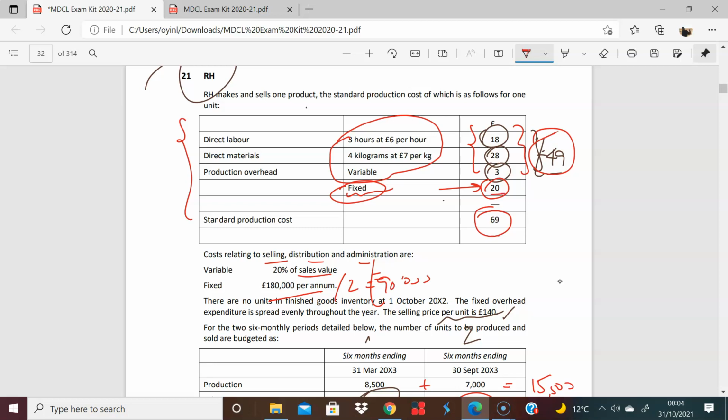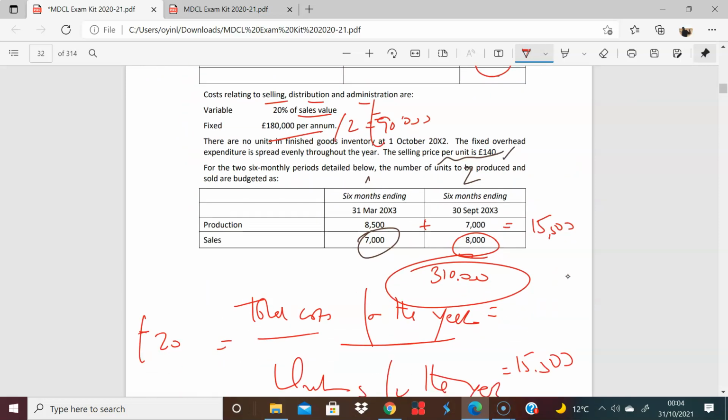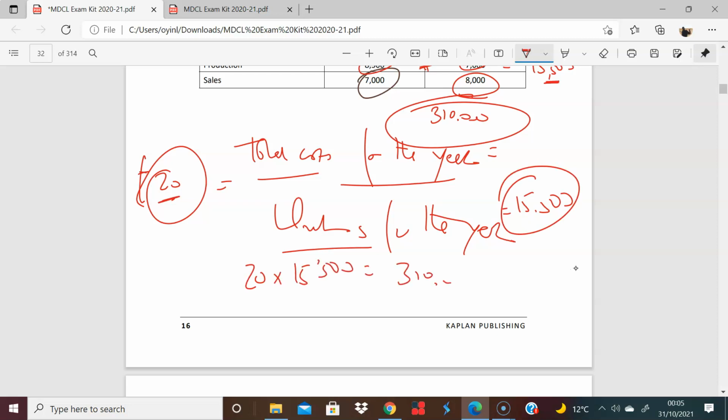So if you have £20 per unit, we look at the total number of units you're producing, 8,500 plus 7,000, which is 15,500. You're assigning £20 per unit, so 20 times 15,500 is equal to 310,000.